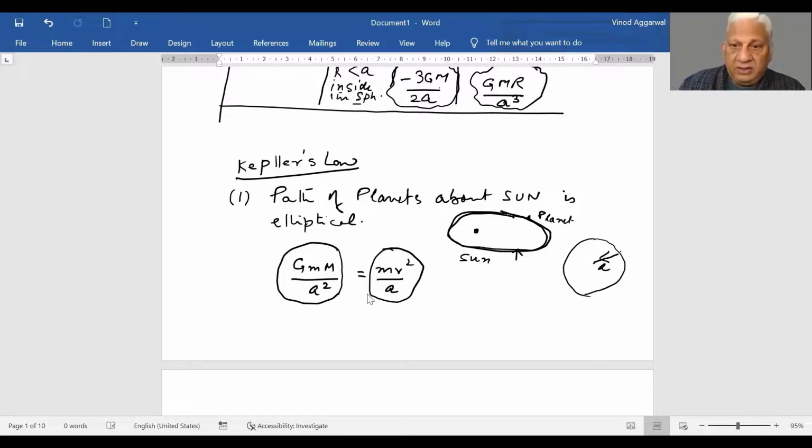Gravitational pull will attract it this way, centrifugal force will try to throw it out. And since it is in equilibrium, both will be equal.